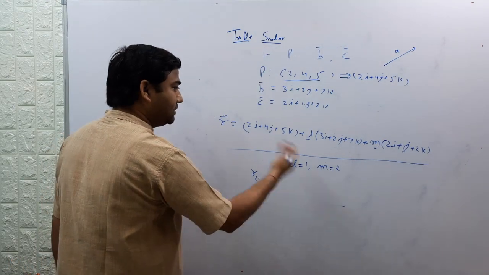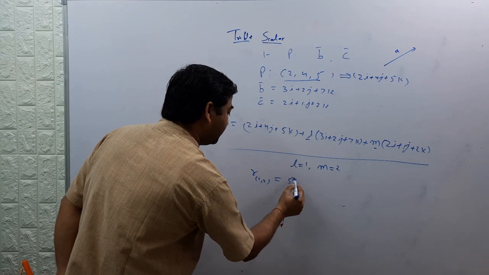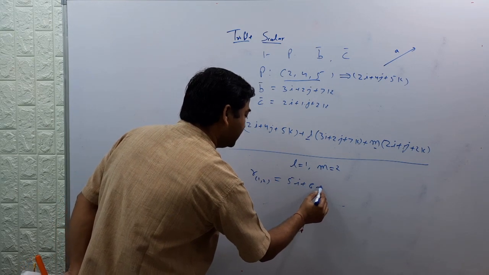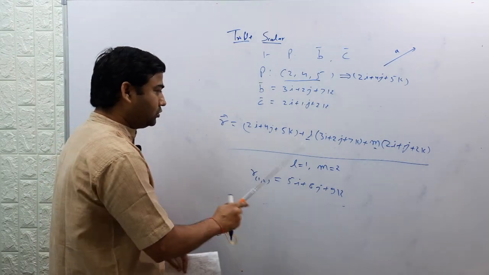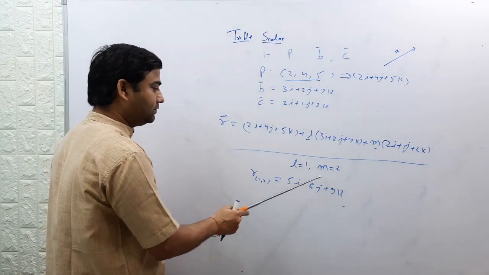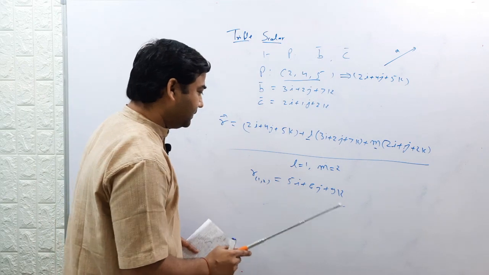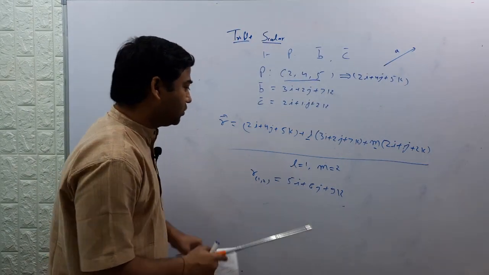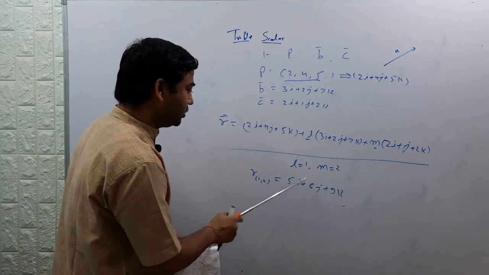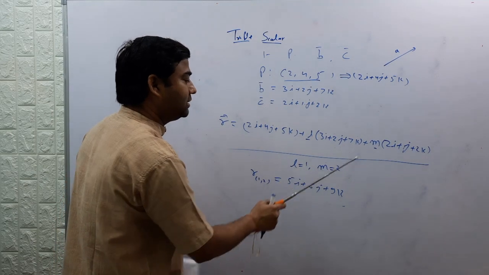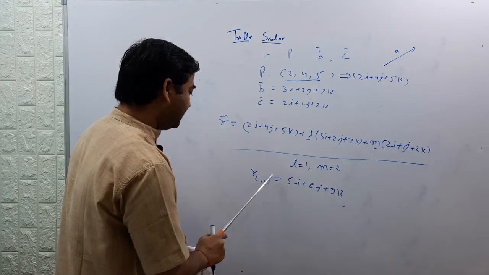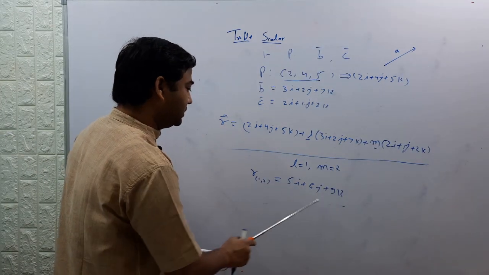It may be wrong, but I am just writing. Let it be 5i plus 8j plus 9k. I have just arbitrarily written. You can calculate it properly if you want, but that doesn't matter here. I just want to explain the concept. So this vector is not actually obtained by putting L is equal to 1 and M is equal to 2 in this expression, but we have assumed it.